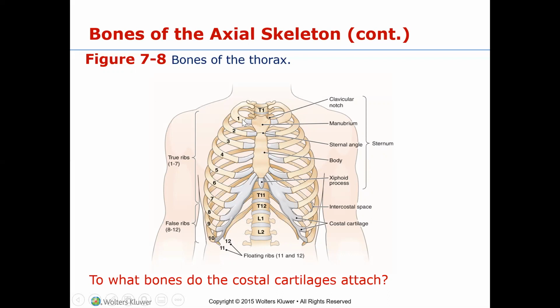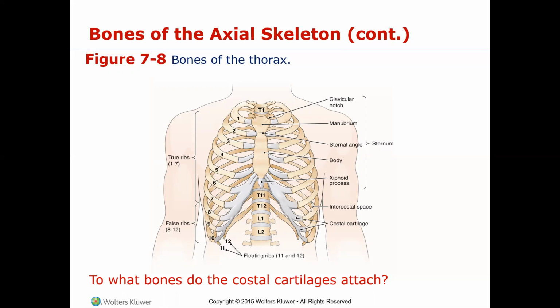Starting from the top, from the manubrium, we have 1 through 7, and they are attached to the costal cartilage here. The 8th, the 9th, and the 10th are false ribs. Sometimes we are distinguishing between the false and the floating ribs, the false ribs being the 8, 9, and 10, and the floating ribs being the 11th and 12th.